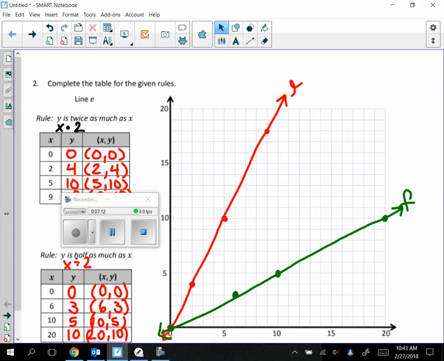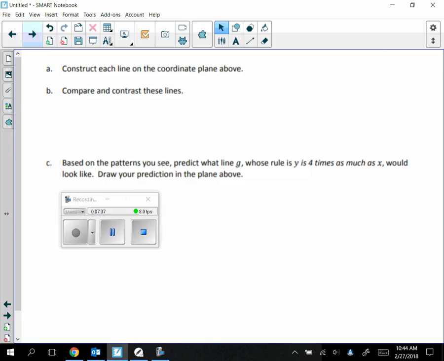They intersect at 0, because I wouldn't say that they start at 0 because it's not a ray. A ray is a line that kind of starts and goes like that. Is this a ray? No, it's a line. So they intersect at 0. So that would be something that they have in common. They both kind of meet at that one spot.